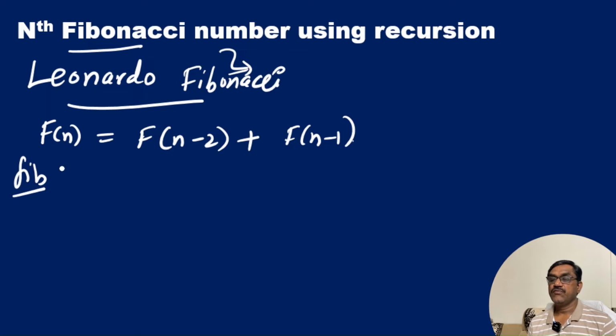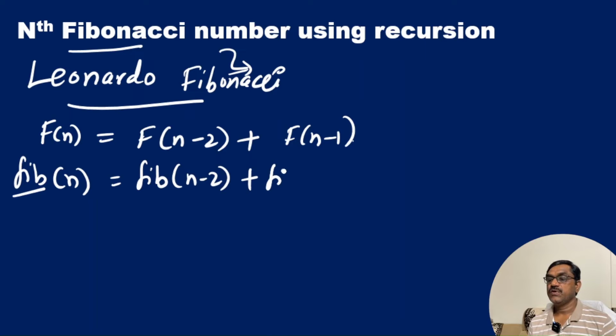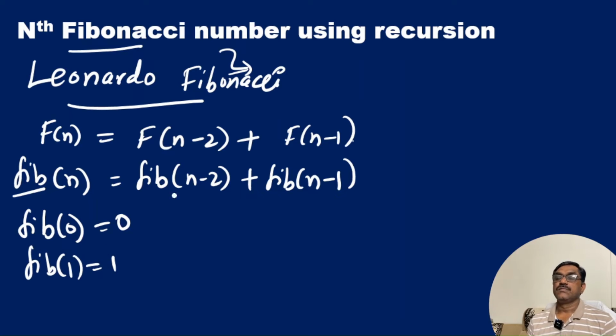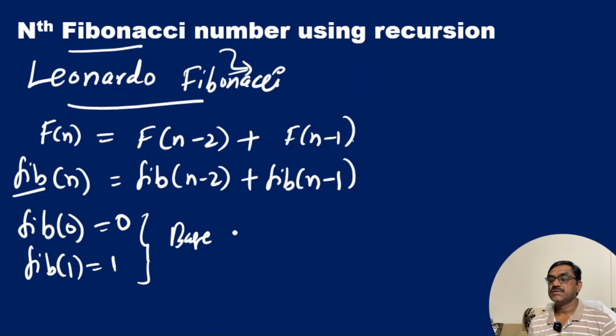Then fib of n is given as fib of n minus 2 plus fib of n minus 1. Right? So we know the first two Fibonacci numbers: fib of 0 is 0, fib of 1 is 1. These are the known values, or we call them the base conditions.